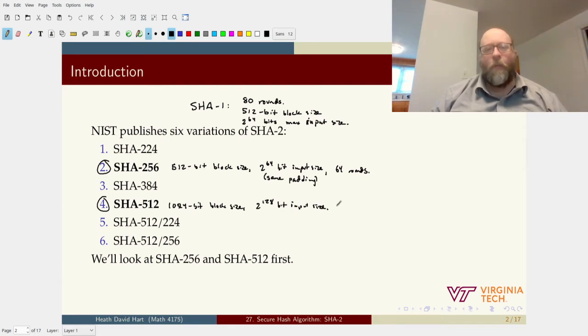And so you go back up to the 80 rounds that SHA-1 had. So in the same number of rounds, you can hash much more data using SHA-512, or you can encode the same amount of data using fewer rounds using SHA-256. And so those are the two main variations of SHA-2, and we want to talk about those two first.